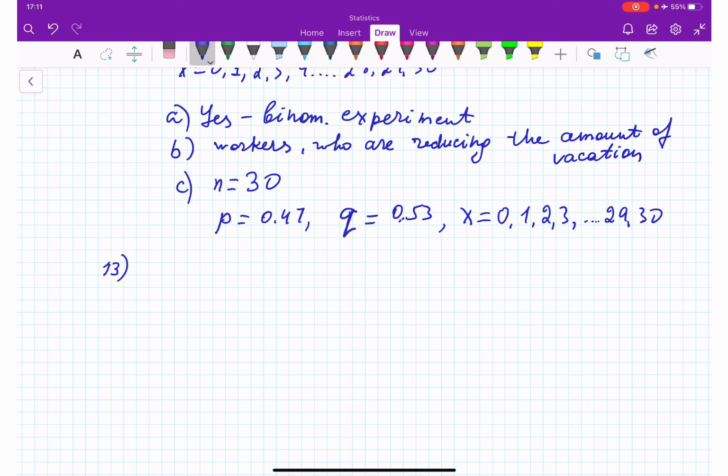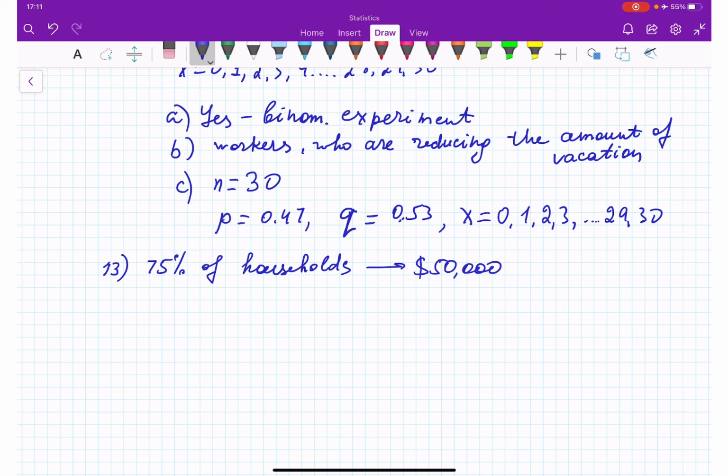So 75% of households say they would feel secure if they would have $50,000 in savings.